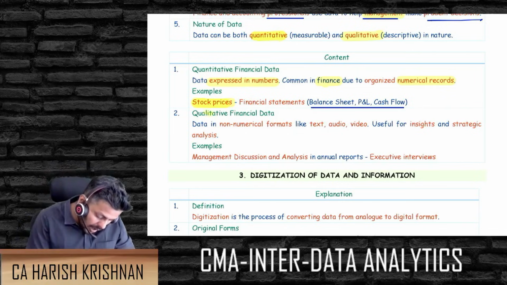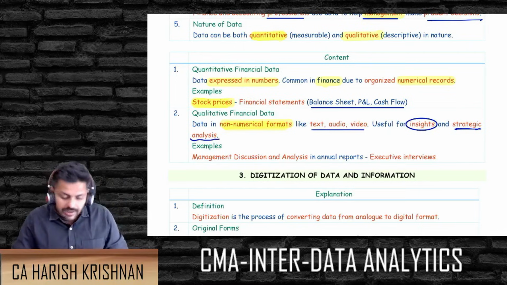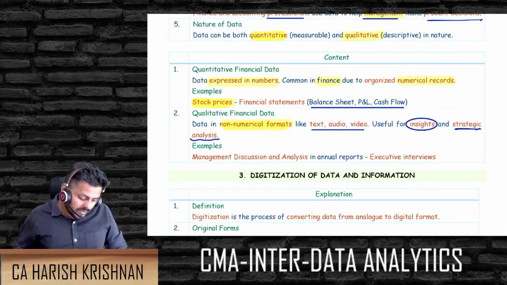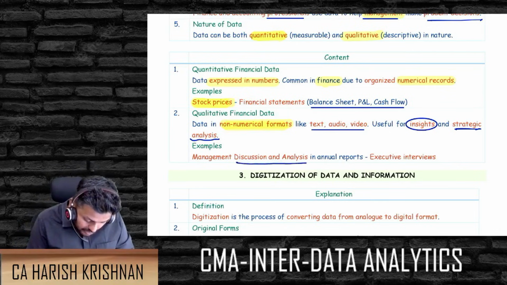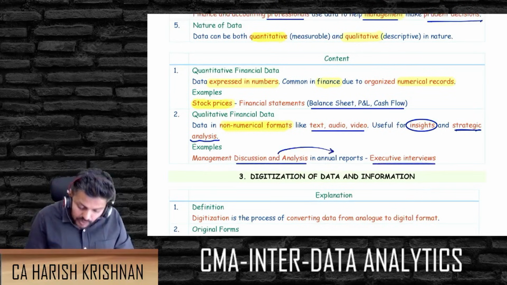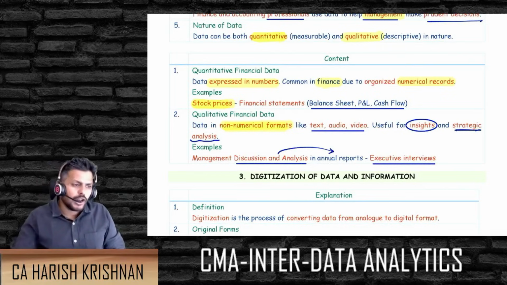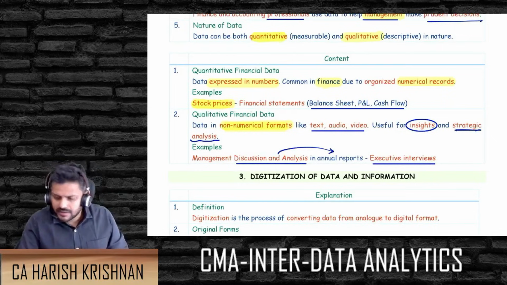When you talk about qualitative, non-numerical, text, audio, video, all these are qualitative data, useful for making insights and strategic analysis. The examples here are management discussion and analysis in annual reports, executive interviews, and basically anything to do with an understanding. All these come under this category.